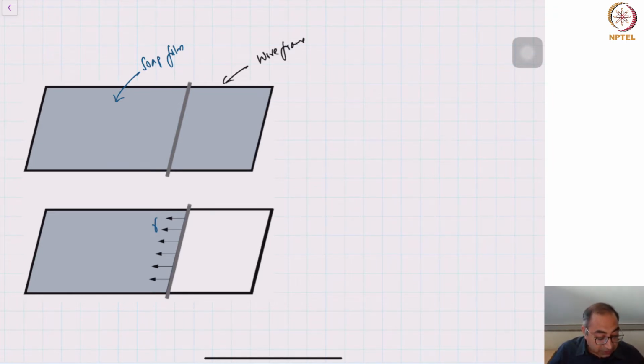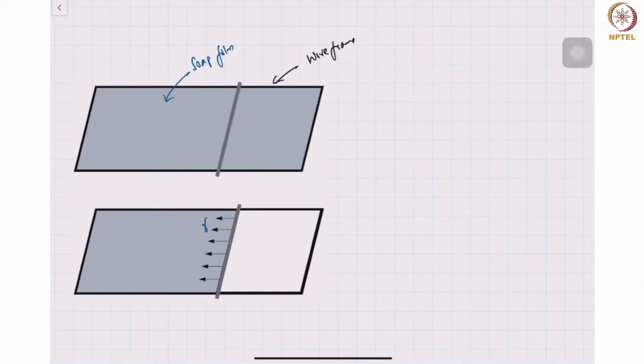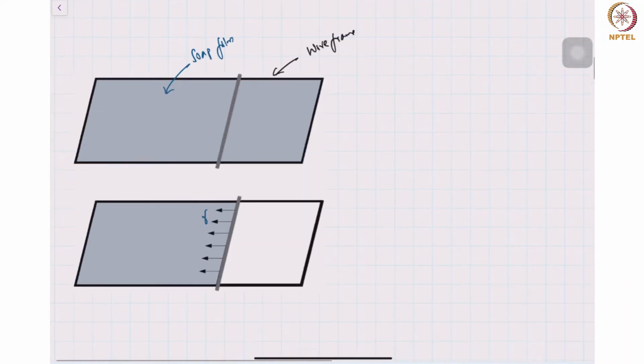So we can actually write down the work done, let's call it delta W. This will be force times dx, where the rod was initially at this position and has moved by a distance dx.